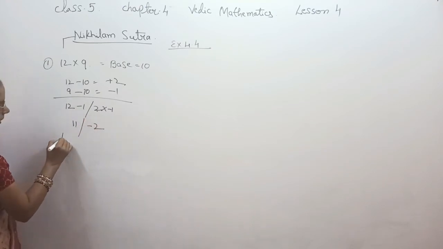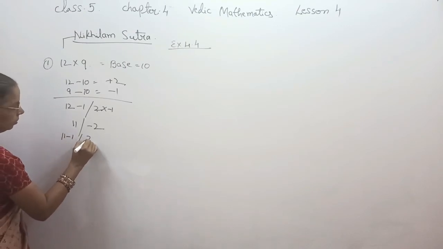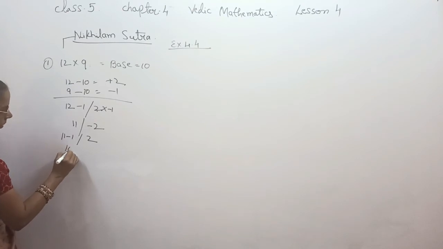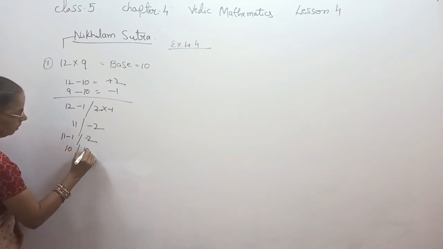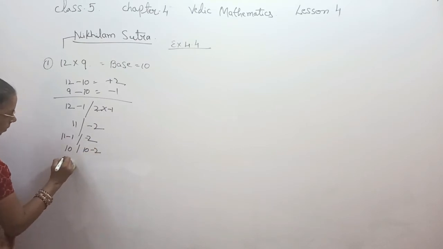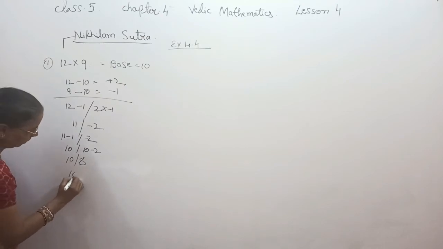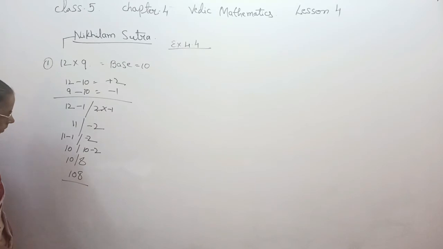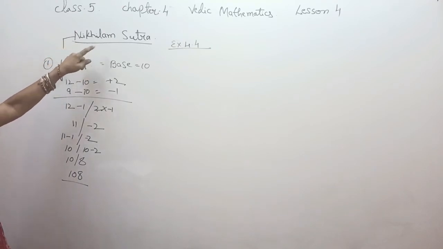Now we take it as 11 minus 1, slash 2, that is 10, then 10 minus 2 is 8. So the answer is 108. This is the method through which we solve the problem using Nikhilam Sutra.